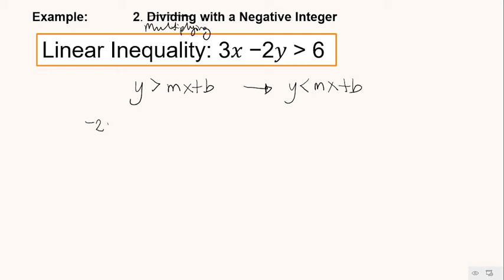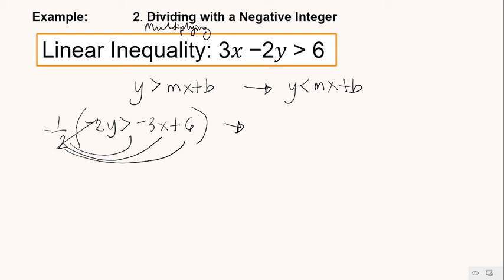So, negative 2y, negative 3x plus 6. So, this time, multiply natin siya by negative 1/2. So, para makancel natin ito, so this will become y is less than 3 over 2x minus 3.